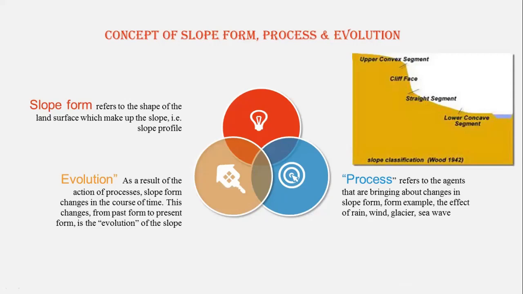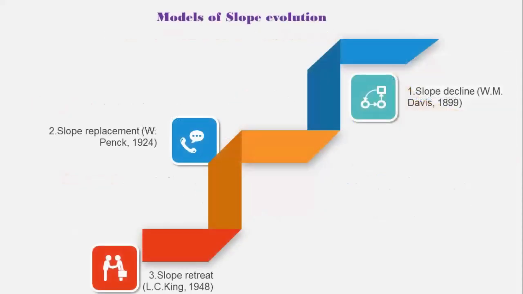For example, for Davis, the process was what? Humid region, river action. So the process can be different for different people. To know more about the process, you have to study the various slope types given by Davis or King or Penck, etc. Now we have the various models of slope evolution, like the slope decline theory.